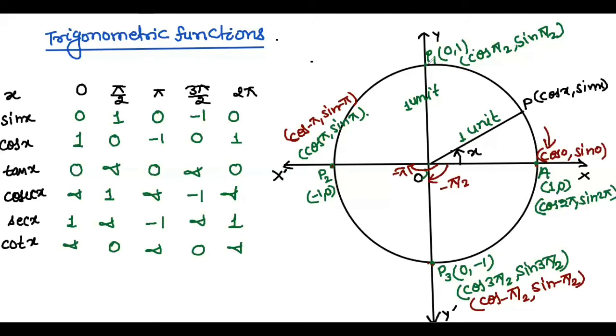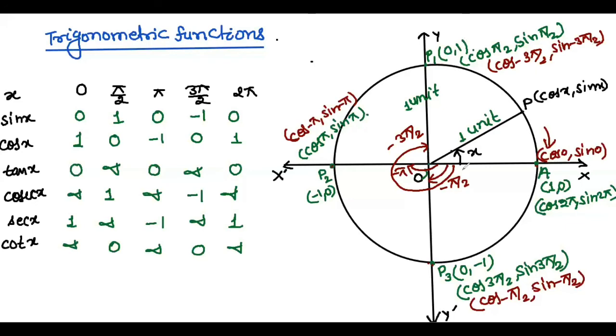Similarly at point P1, when we are taking the clockwise direction, this angle will be minus 3 pi by 2. So we can write cos of minus 3 pi by 2, then sine of minus 3 pi by 2. And the values are cos pi by 2 equals cos of minus 3 pi by 2 and sine pi by 2 equals sine of minus 3 pi by 2. And the values are 0 and 1.